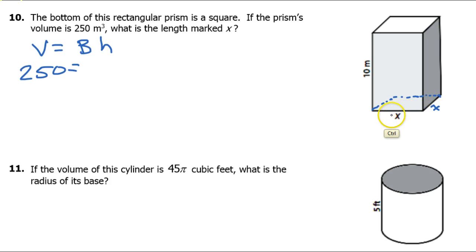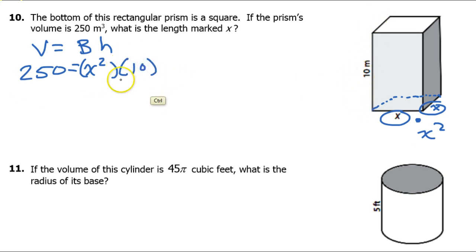If we multiplied x times x, we would get x squared. So I can put x squared for the area of the base. Now the height is the distance between the bases, which is 10. So we have to solve this for x.